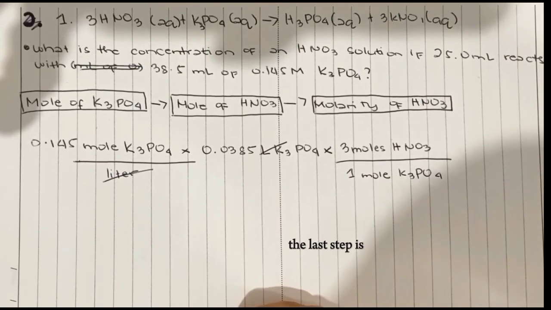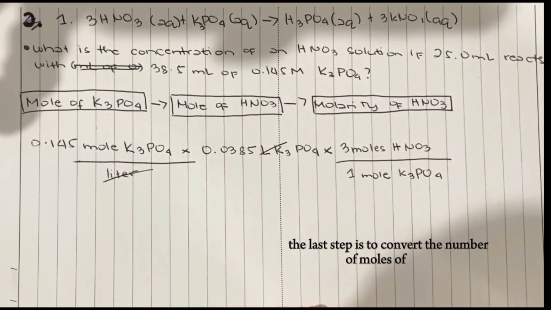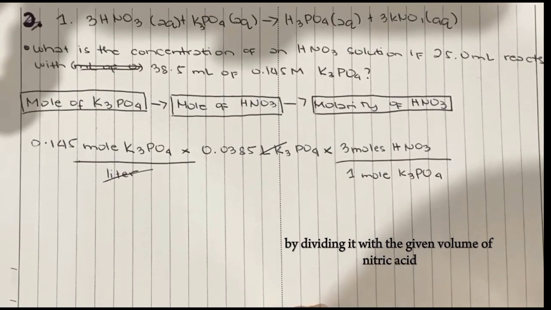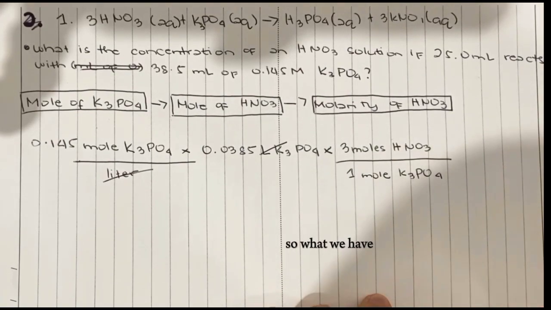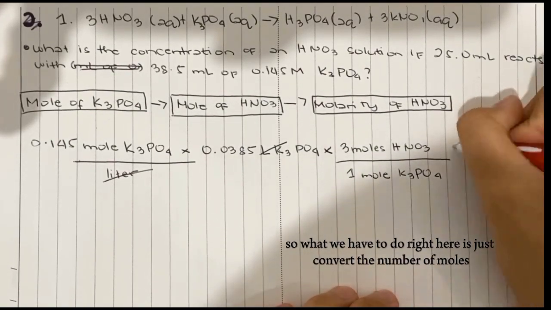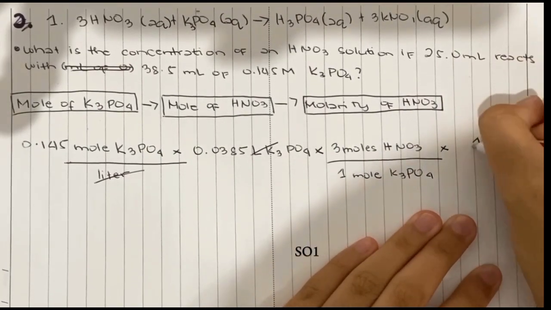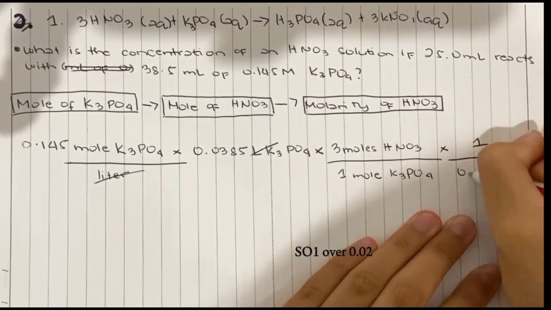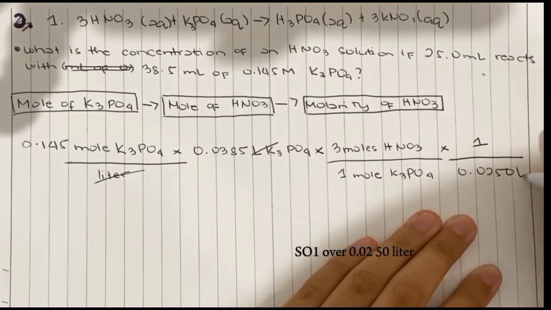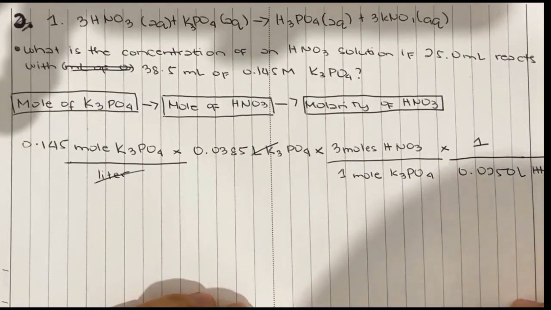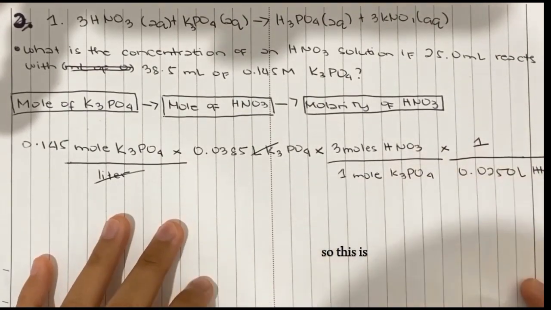The last step is to divide the number of moles by the given volume of nitric acid. So what we have to do right here is just convert the number of moles of tripotassium phosphate. So 1 over 0.0250 liter of nitric acid. So this is the final process.